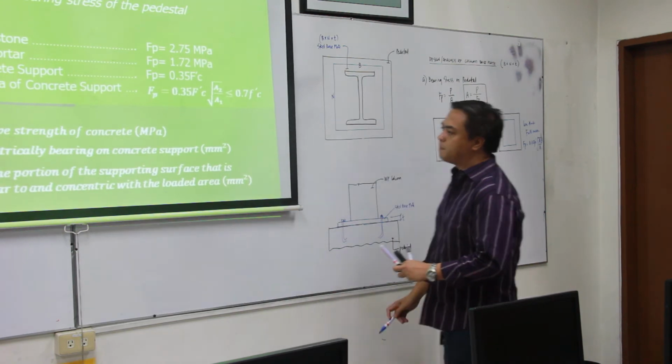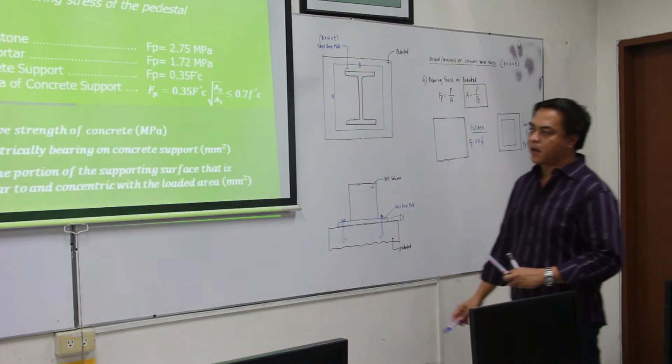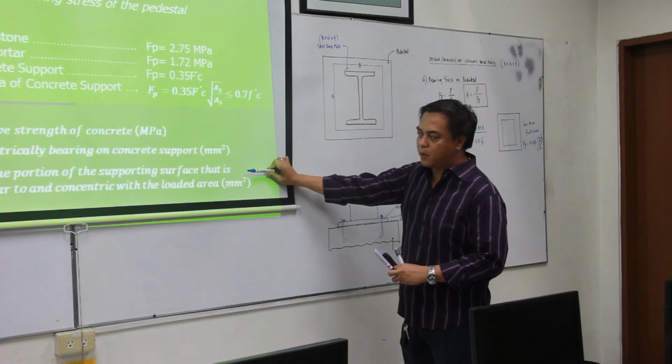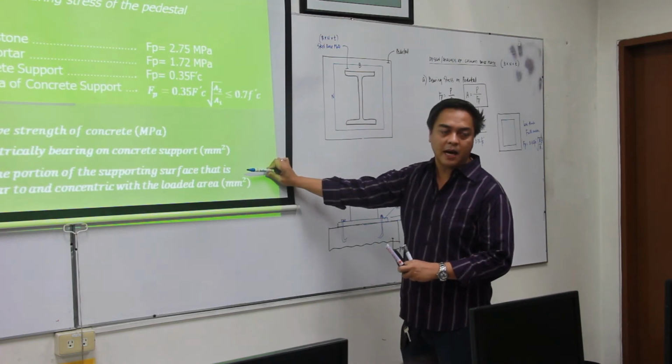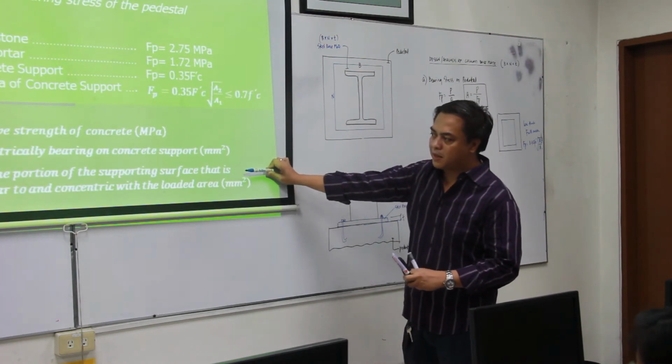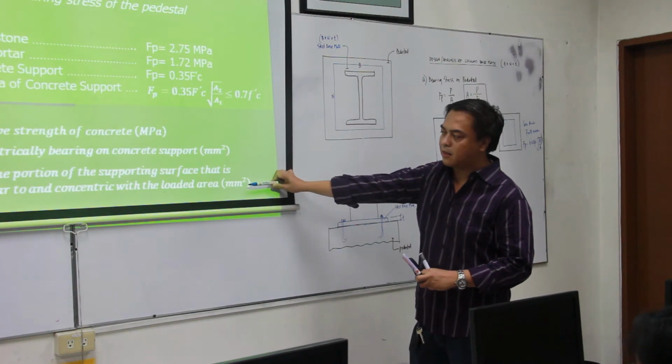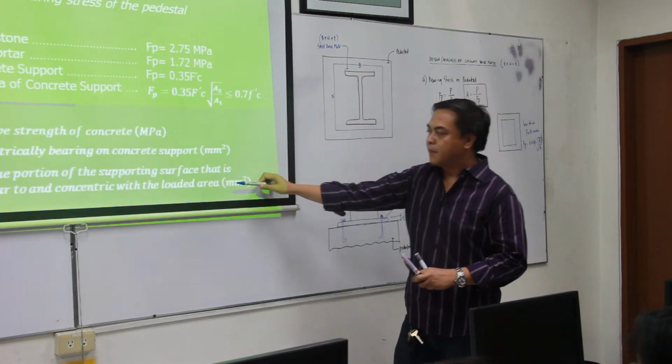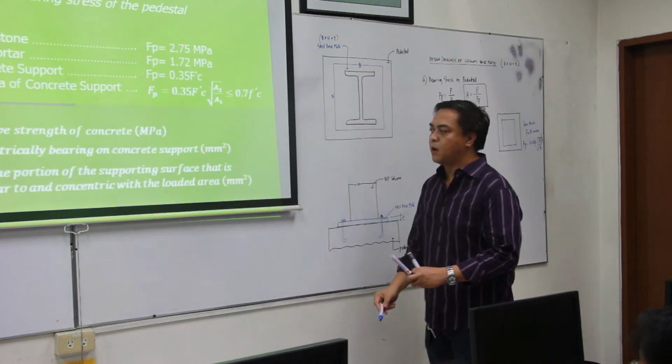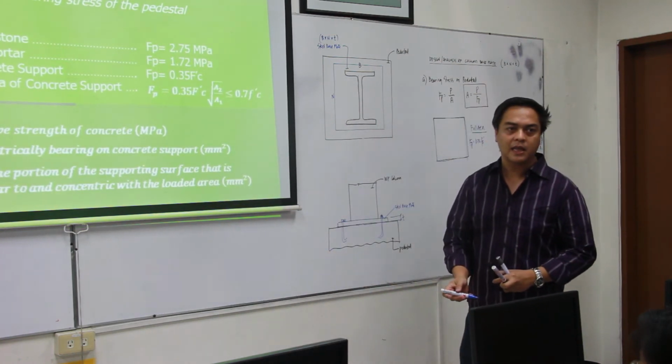How about A2? A2 is the maximum area on the portion of the supporting surface, which is the pedestal, that is geometrically similar to and concentric with the loaded area. The loaded area is referred to as the area of the base plate.